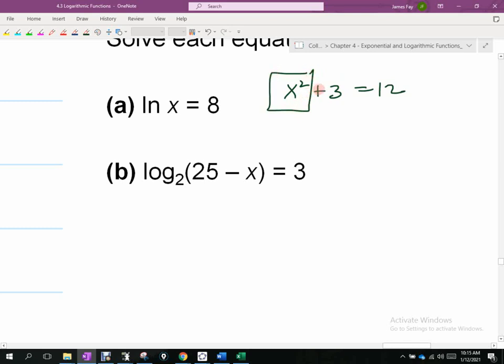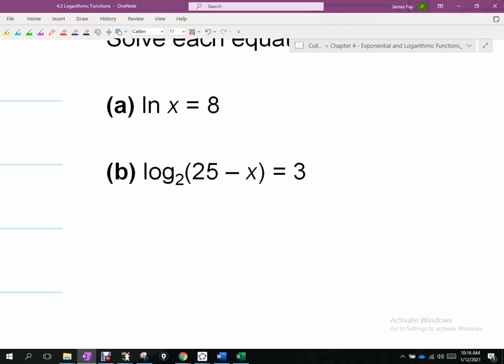Which the square root is the what for x squared? The inverse, okay? So all of our equations that we've seen all year long and all through algebra, if you're going to use the inverse operation, you have to isolate that term that you're going to use the inverse on first. Does that make sense? Okay.